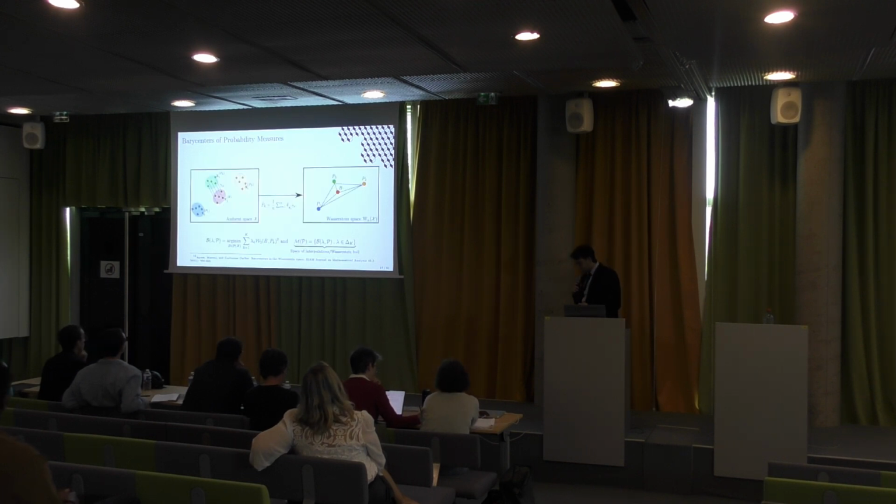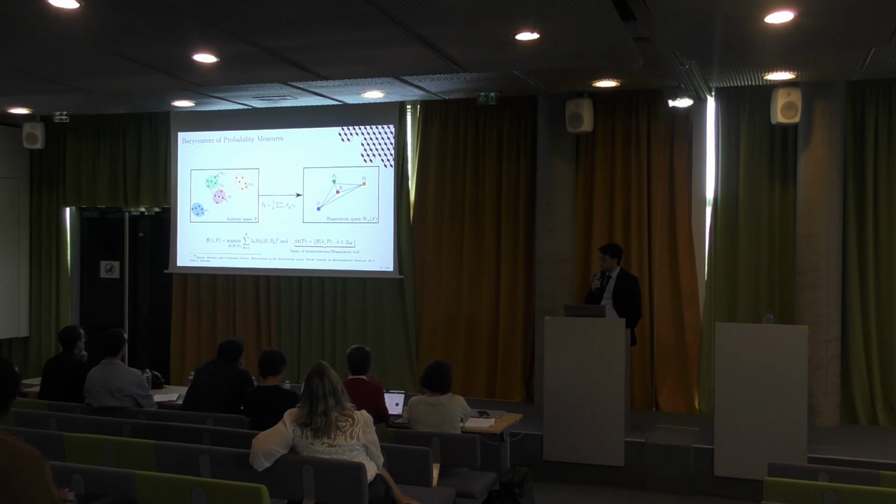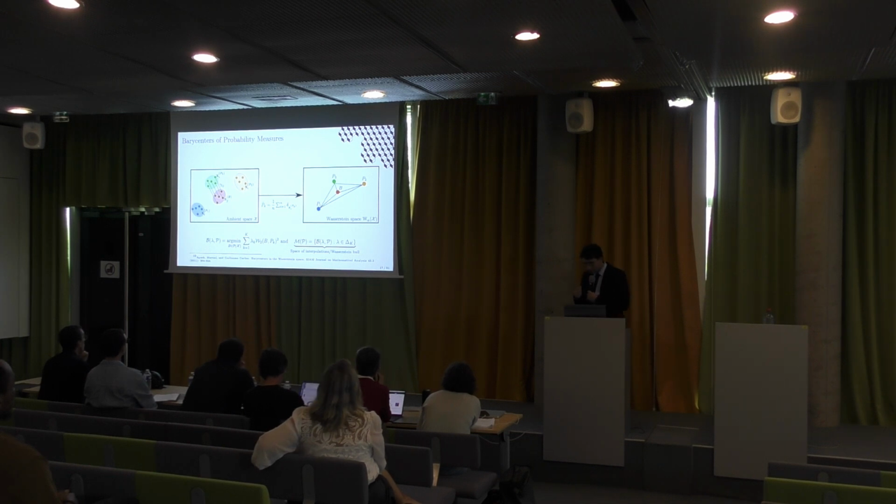Now, with everything that I talked about, you define effectively a notion of distance in the space of probability measures. If you have a notion of distance, you can define, by analogy, a barycenter for probability distributions. In some way, you want to average a family of distributions, and you do that in analogy with the Euclidean case.